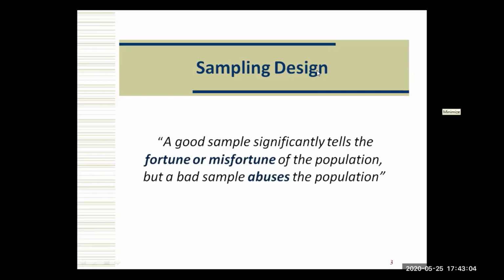In this chapter on sampling design, the book starts by discussing this part: a good sample specifically tells the fortune or misfortune of the population, whereas a bad sample will abuse the population. And then, particularly, the direct quotation of this specific text.